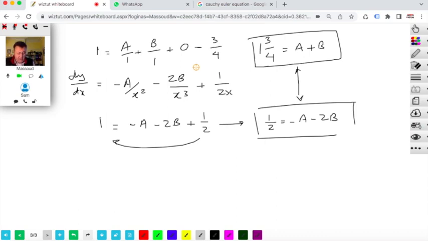So if you add these two equations together, the a and the a will cancel each other out, and you would have 1 3/4 plus a half, which would be equal to minus b.